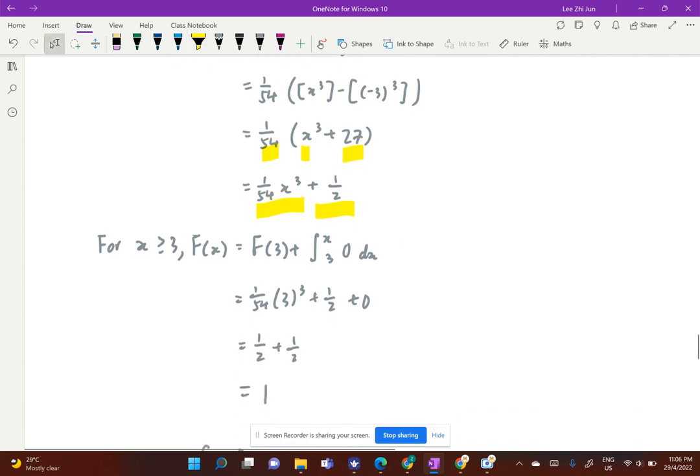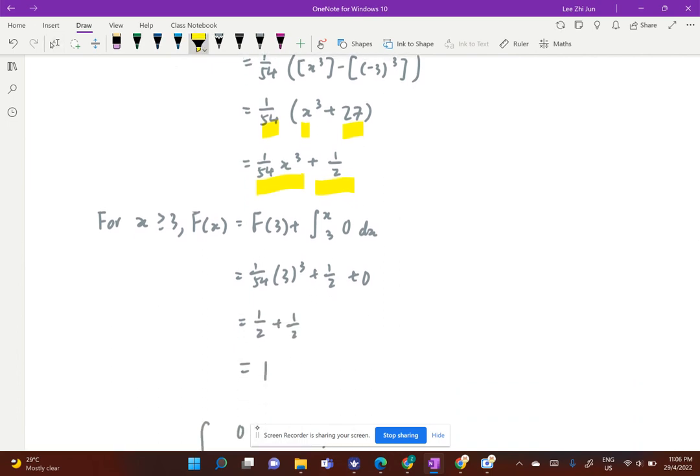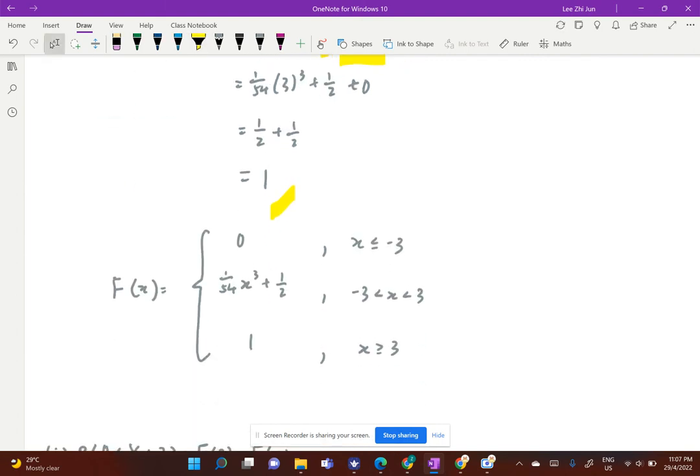For x larger than 3, so it will be 1. This sub it as 3, and this no need. So sub 3, I will get 1 per 2 plus this upper x with upper boundary, it will be 0. So 1 per 2 plus 1 per 2 equals to 1. So I construct the cumulative distribution function.